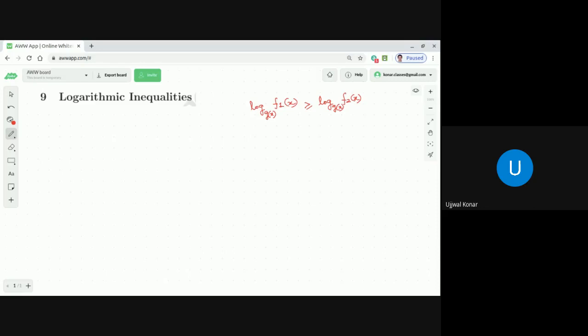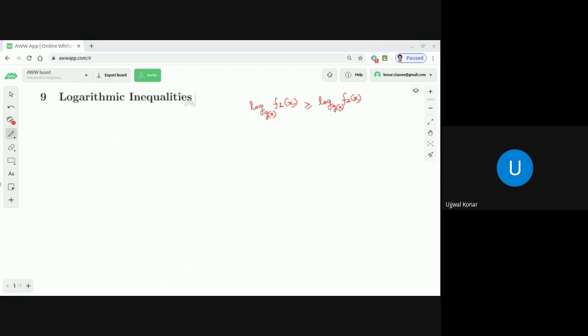And for that, dear students, it is convenient if we can convert this logarithmic inequality to an inequation related to f1(x) and f2(x). Correct, no?